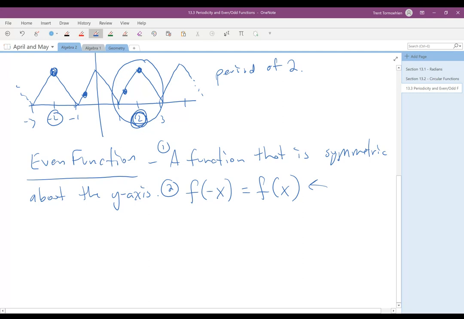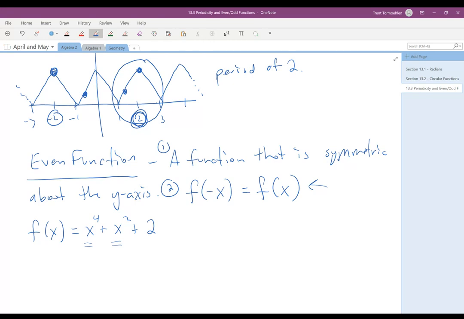You might be asking yourself, why is this called an even function? The reason is that when you think about polynomials, polynomials that are considered even have to have this property, where each of the powers of the polynomial has to be even.